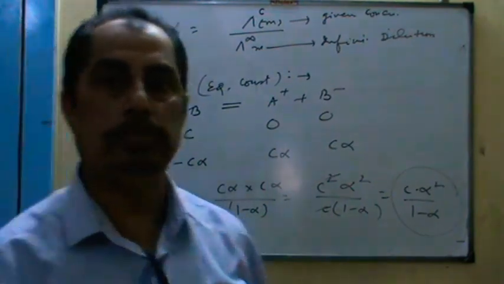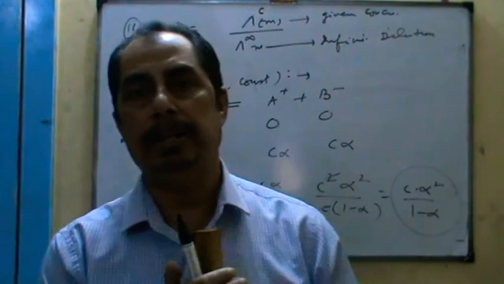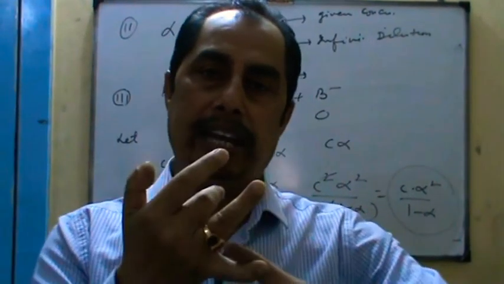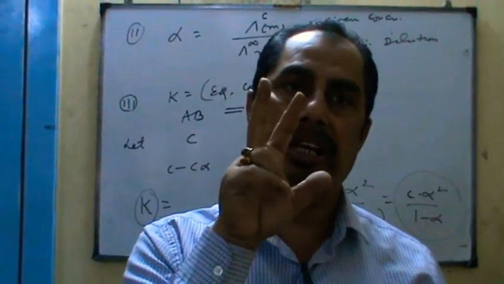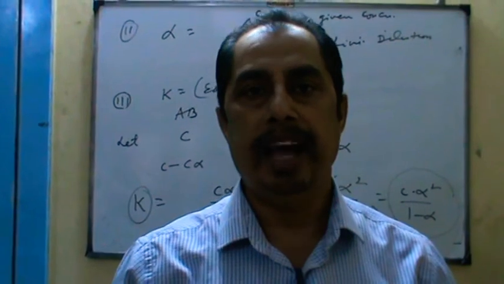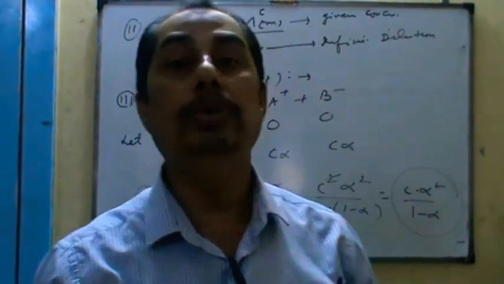So how many applications of the Kohlrausch law of independent migration of the ion? There are 3 applications. First, we get the limiting molar conductivity of a weak electrolyte. For that we take 3 strong electrolytes, 2 common ions are added, and the third one is subtracted. I have solved a question from the textbook on how to calculate the limiting molar conductivity of water.